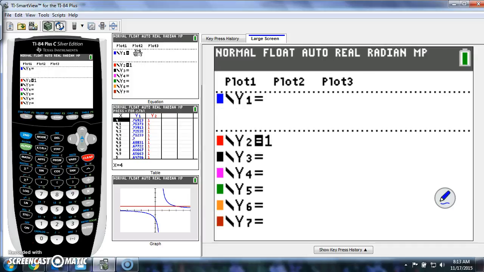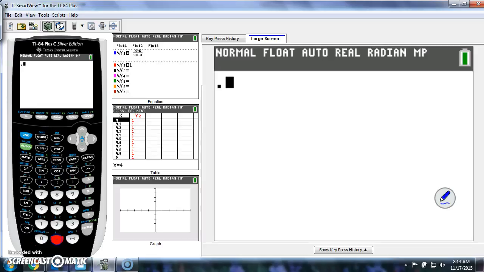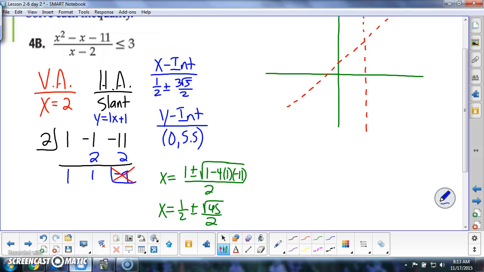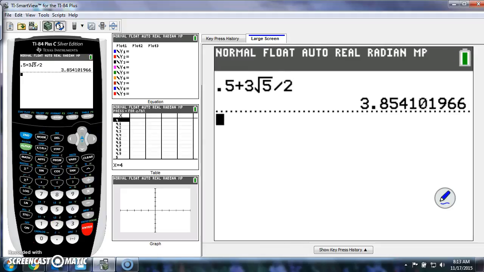If we find decimal approximations with those, let's clear this away first. So 1/2 plus 3 square root of 5 divided by 2, we get about 3.8.